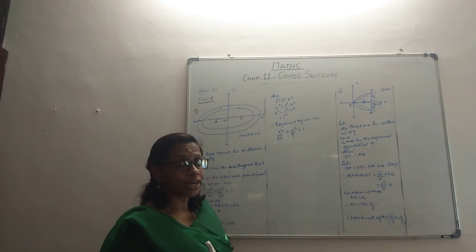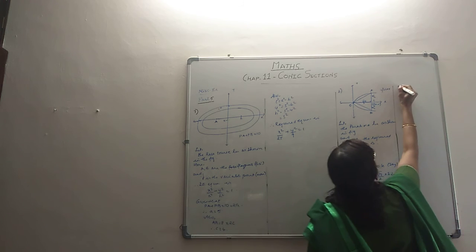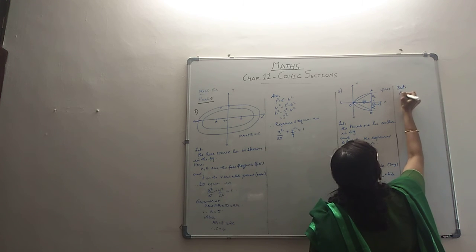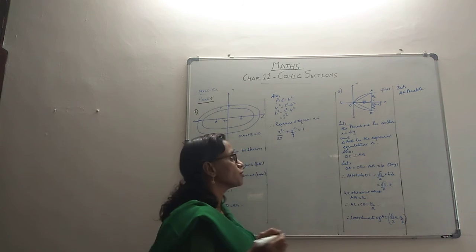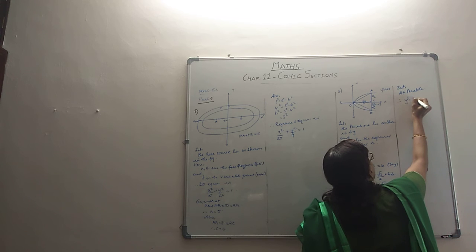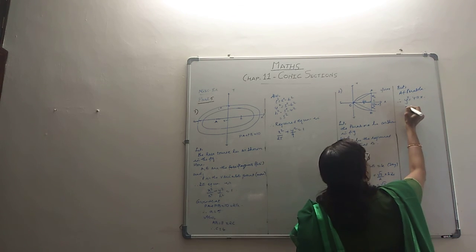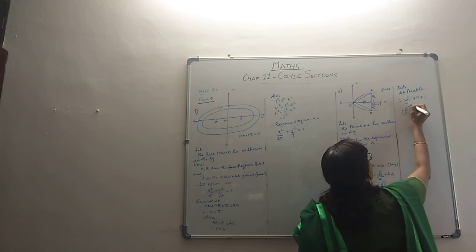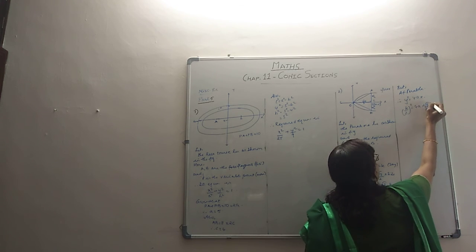Now because it's a point on the parabola, it will satisfy the equation of the parabola. A belongs to the parabola, so it satisfies the equation of the parabola. Satisfying means substituting for x and y. So what will happen? y squared equal to 4ax will become (k by 2) the whole squared equal to 4a into root 3 by 2 k.